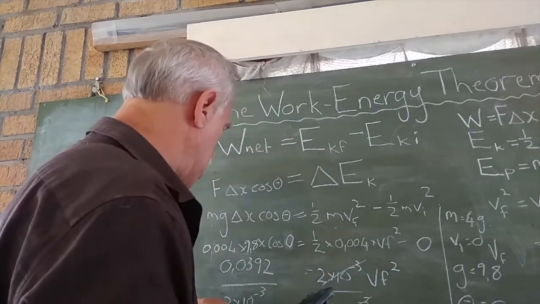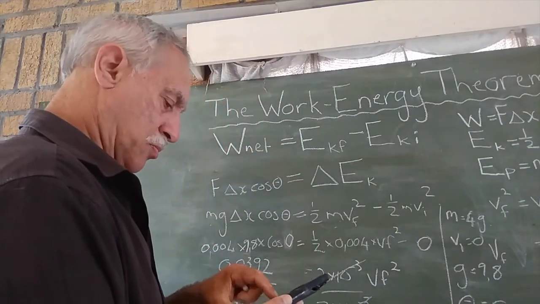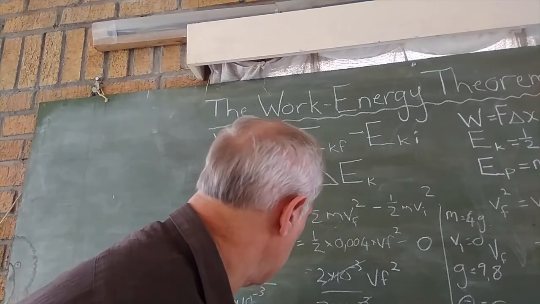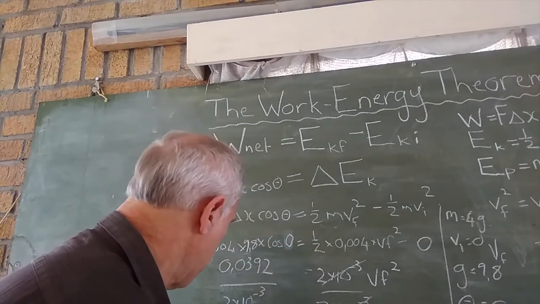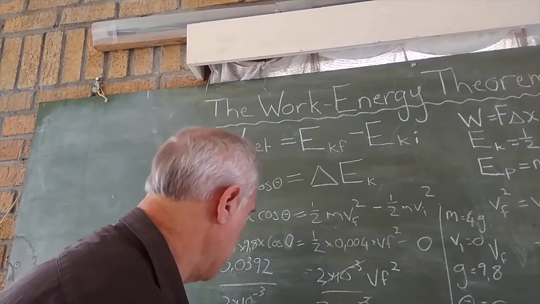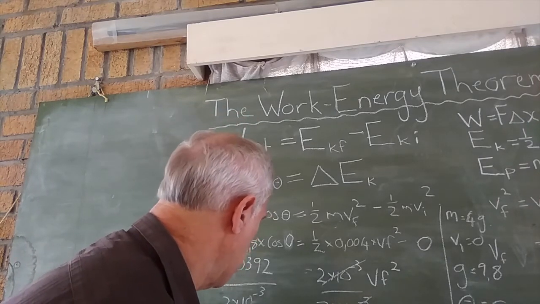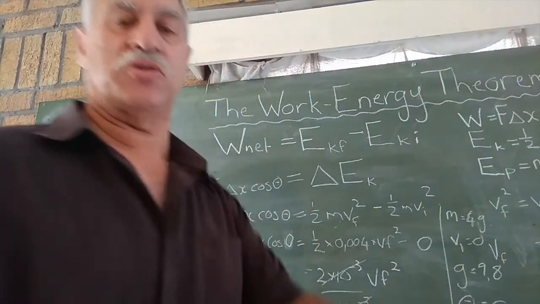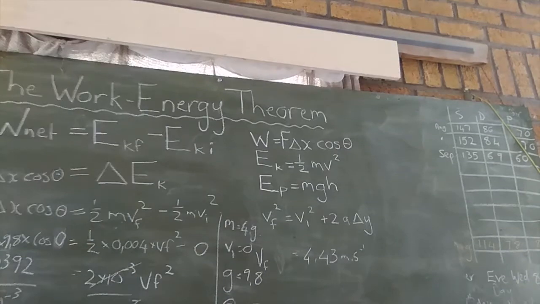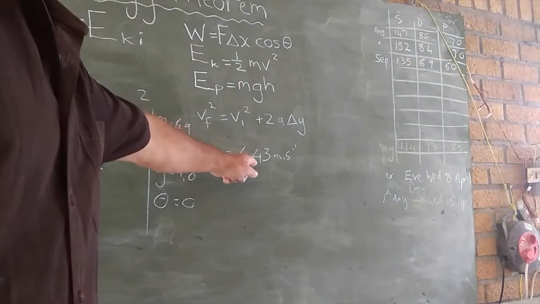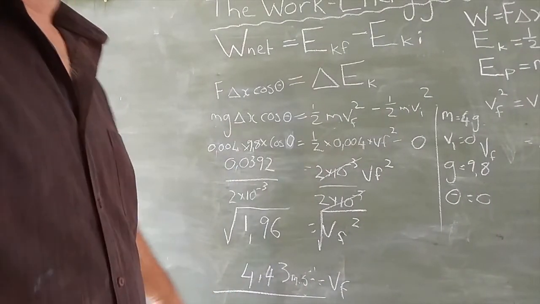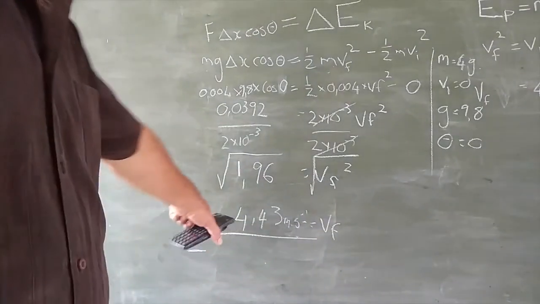Square rooting both sides, we get the answer V final equals 4,43 meters per second. Now notice that is exactly the same answer as we got when we used our equations of motion. 4,43, using the work-energy theorem, it's also 4,43.